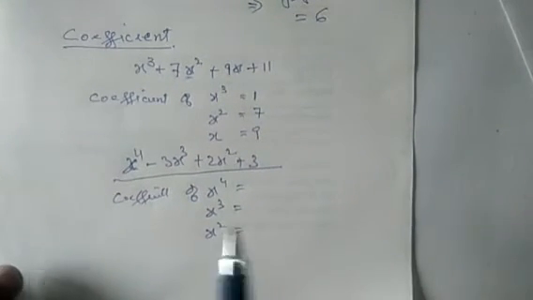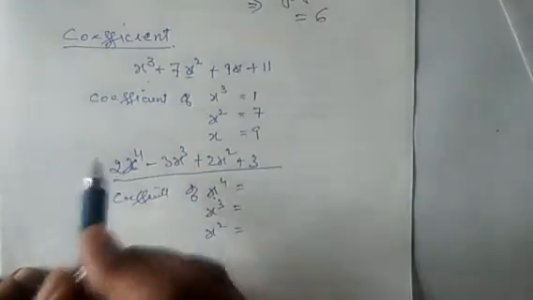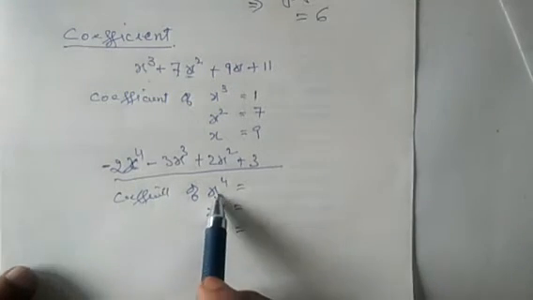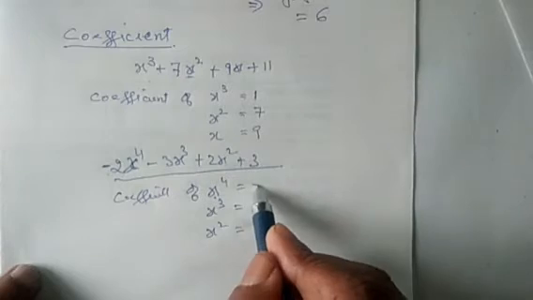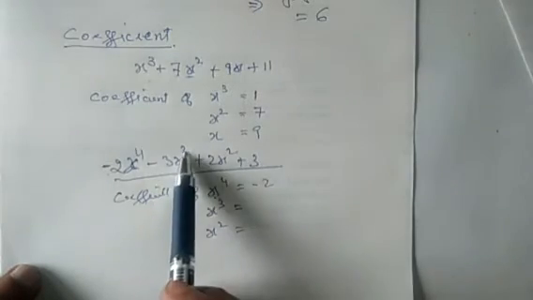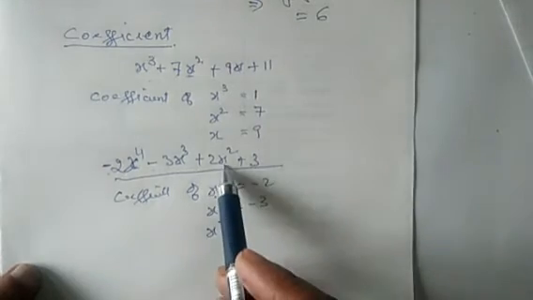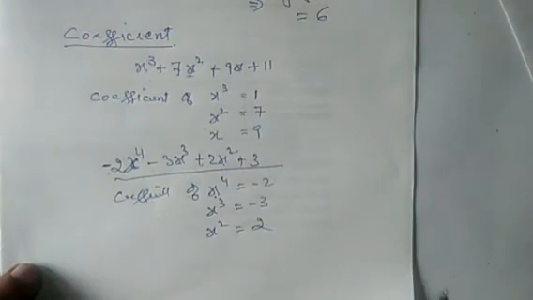Let me write minus 2 as the coefficient of x to the power 4. So if the coefficient of x to the power 4 here is minus 2, you have to write minus 2. Coefficient of x cube here, you have to take with sign, it is minus 3. Coefficient of x square here is plus 2, so you just write 2 this way.